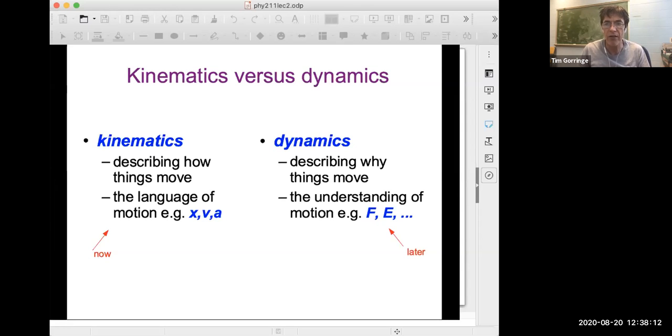So the way I think of it is that kinematics is the foundation for describing motion, and on top of that is dynamics for explaining motion. It's kinematics we're starting today, and it's dynamics we're going to move on to over the next couple of weeks.